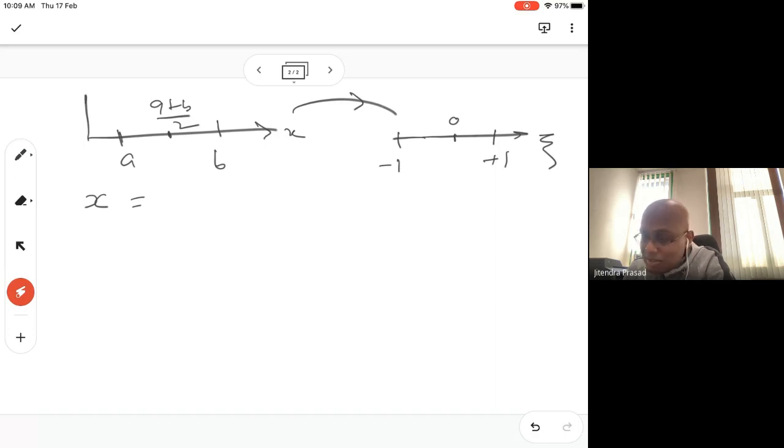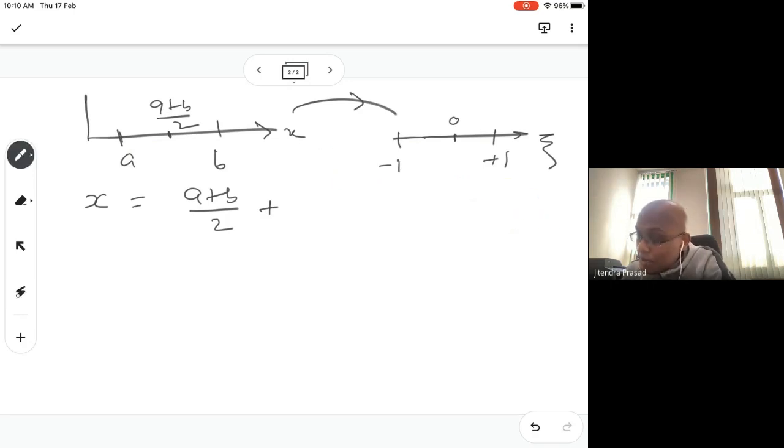I think it's not zeta, it's xi. So proportional to xi, we can map it, right? So x equal to a plus b over 2, because here it is 0. So we can write that, and plus, whatever we can scale with respect to this one. Now b minus a is proportional to 2, right? b minus a corresponds to 1 minus -1, which is equal to 2.